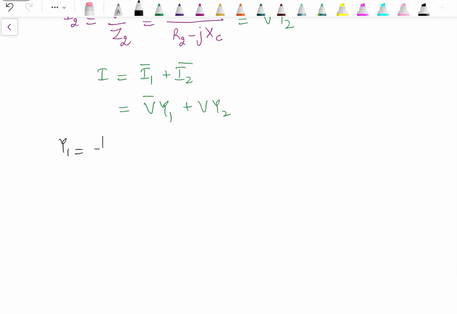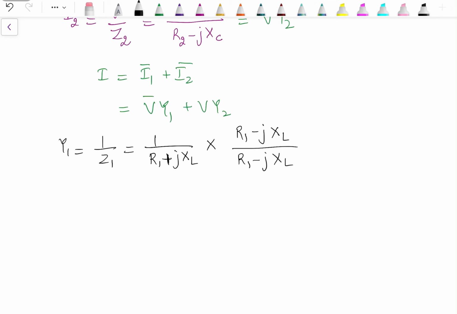Y1 is 1 upon Z1, that is 1 upon R1 plus jXL. Now we have a complex number in the denominator. What we need to do is rationalize this. For rationalizing, we will multiply by R1 minus jXL as well as divide by R1 minus jXL.